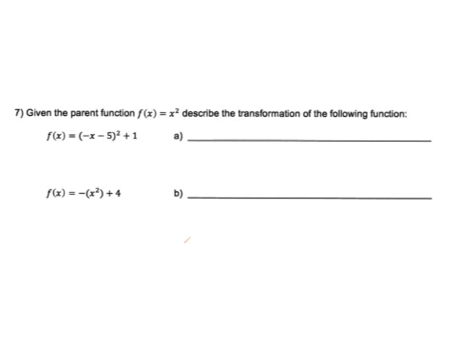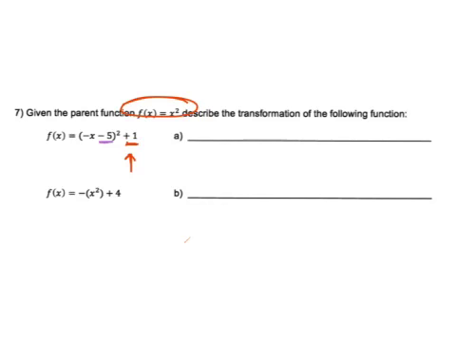For number 7, we are given our parent function of f of x equals x squared, and we need to describe the transformation of the following functions. So let's look at what's happening. We have plus 1, so I know that's up. I have this minus 5. Remember, inside parentheses, we know it's left and right.